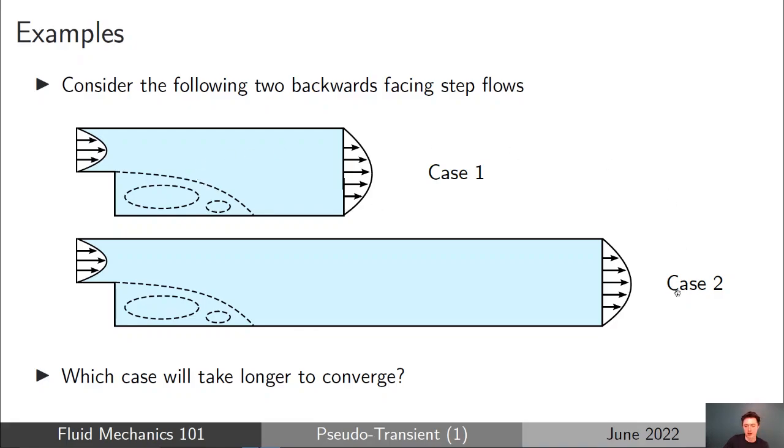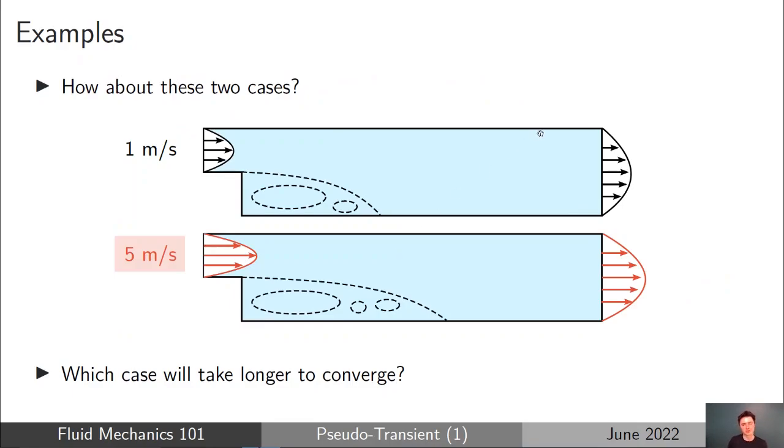Now consider an identical case, case 2, but the domain has just been extended and is a lot longer. Which of these cases do you think would take longer to converge if you were attempting a solution? The trick is to imagine that case 2 was extended a really long way. Which of these numerically do you think would be quicker to converge?